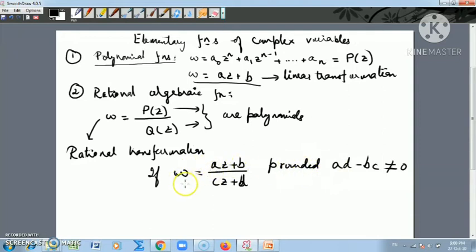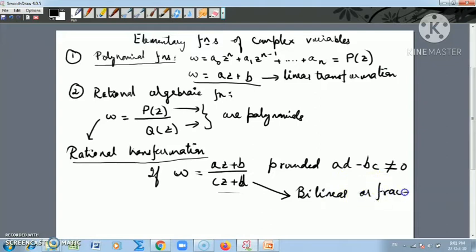This is a special case of rational transformation.